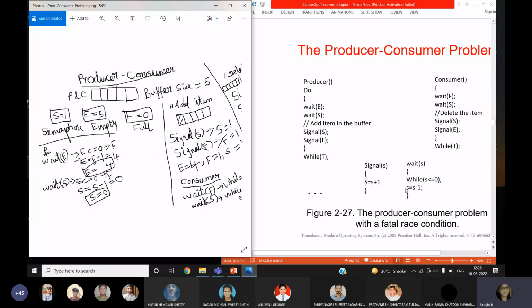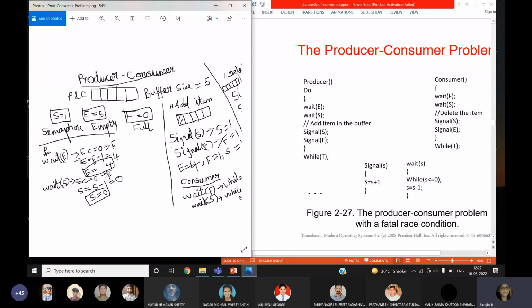Wherever S comes, it is E. E equal to E minus 1, which means now E equal to 4. That is what I have given here. When wait of E is executed, it checks E less than or equal to 0. The condition fails. When the condition fails, E equal to E minus 1, which is nothing but 4. Now currently remember E value equals 4.